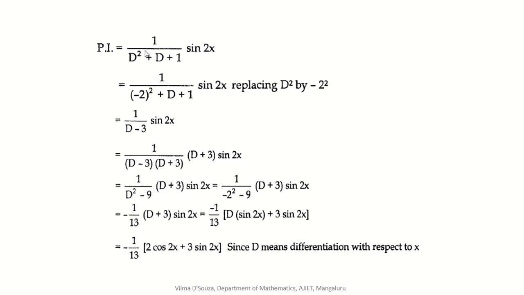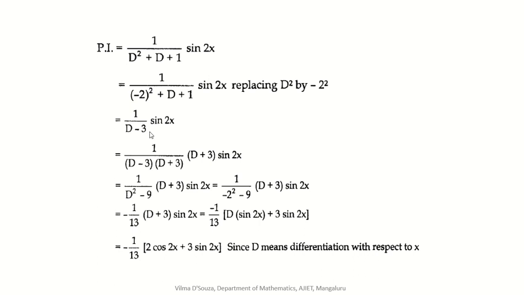PI is equal to 1 by d square plus d plus 1 of sin 2x. So what do you substitute here? Again it is sin 2x, so d square is minus 4. When you substitute minus 4 here, minus 4 plus 1 is minus 3. This minus has to be outside the bracket.